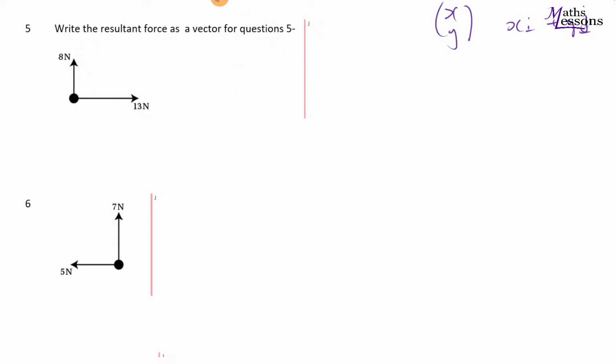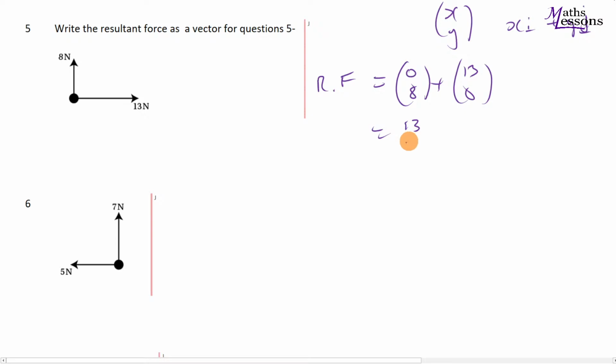Right, so on this one, if we're doing it in terms of vectors, the resultant force will equal, now we don't need to worry about the direction because we're going to write it as a vector. So we've got 8 in the y direction, so it's (0, 8), plus 13 in the x direction, (13, 0), which gives us (13, 8) newtons.